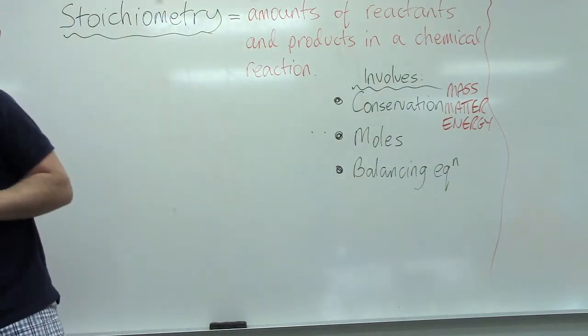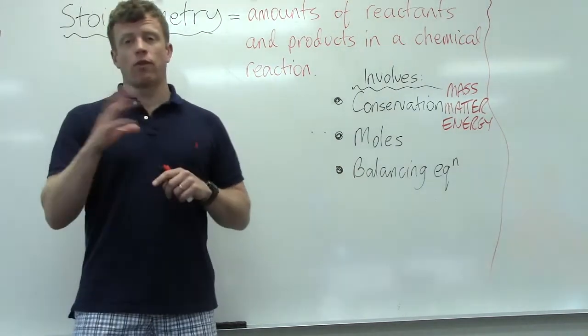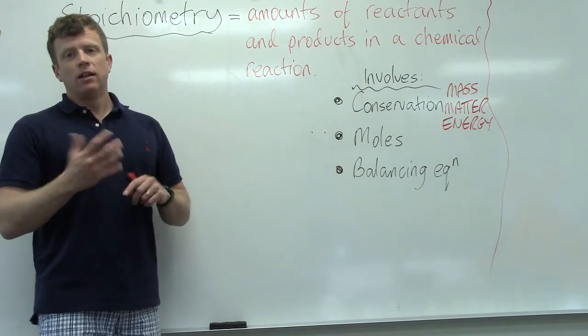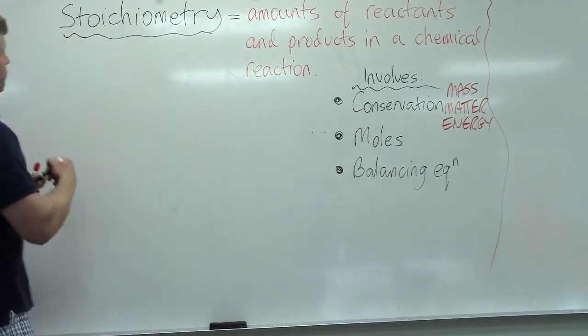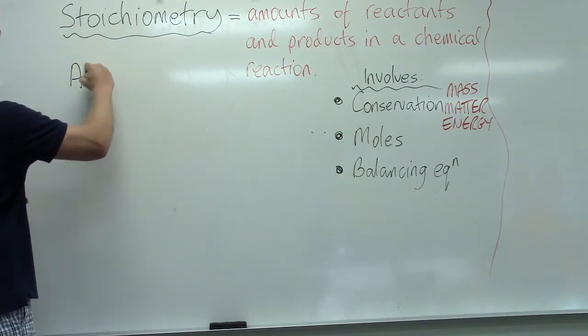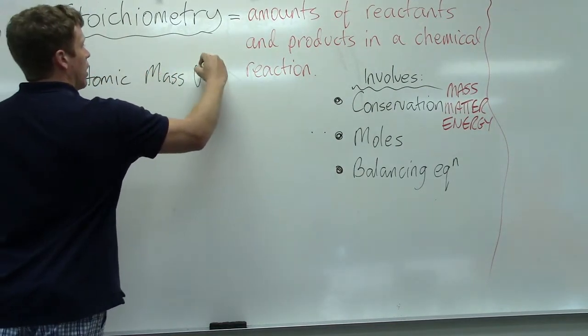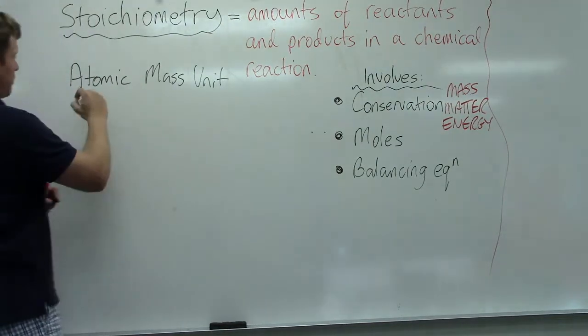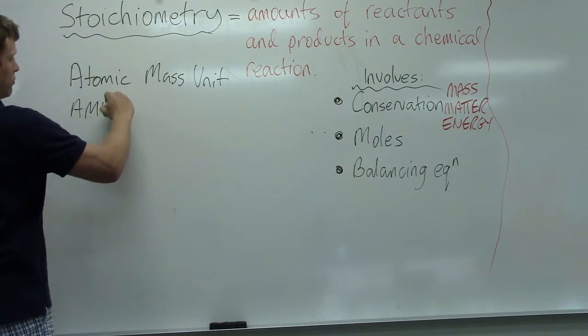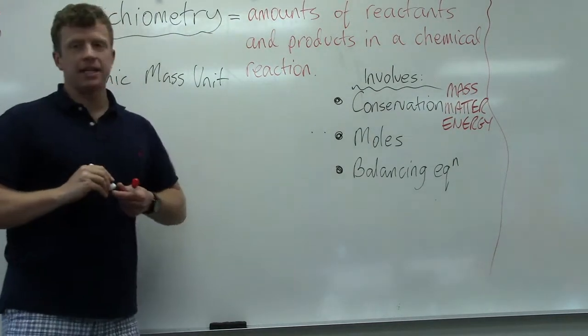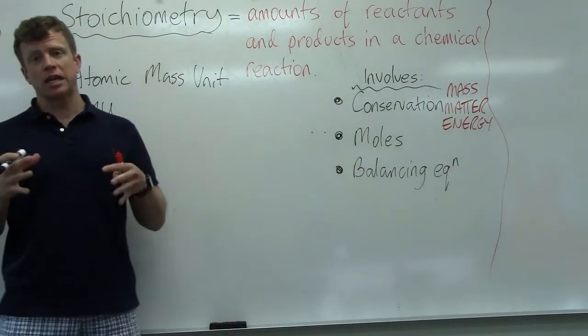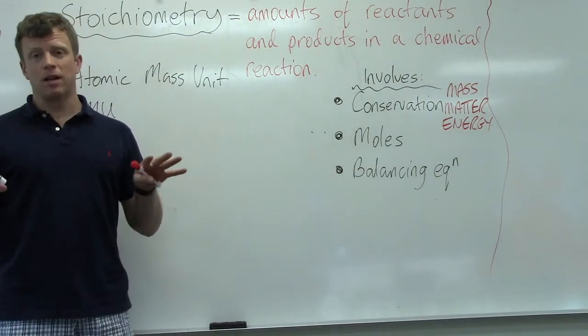Okay. So we need to cover a basic idea called the atomic mass unit, which we haven't really talked about too much. It's shortened AMU. It gets back to the idea of a practical system to measure things, and also a consistent system worldwide.